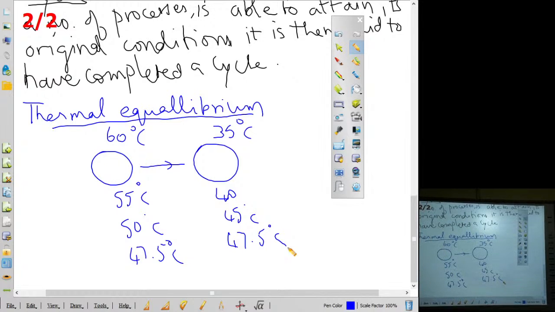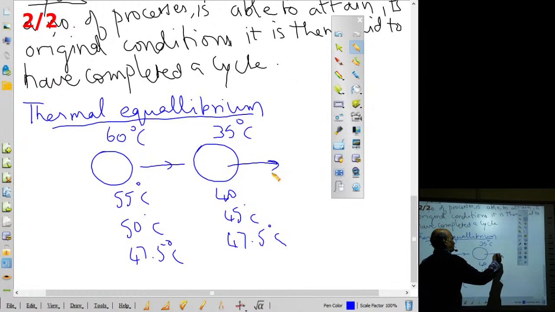So what is the definition you should give when asked what thermal equilibrium is? When two bodies have no heat flow between them, they are said to be in thermal equilibrium with one another. See the words 'between them': between these two, no heat flow. It does not mean that heat flow is not there at all.